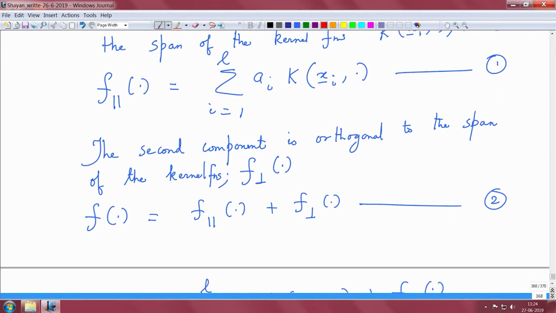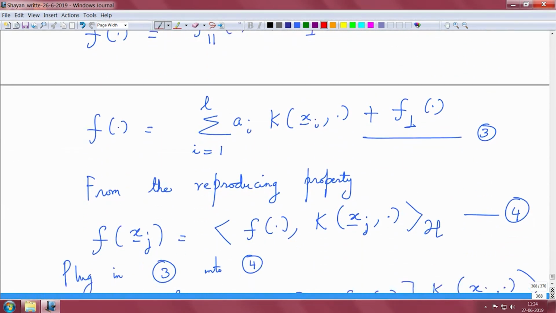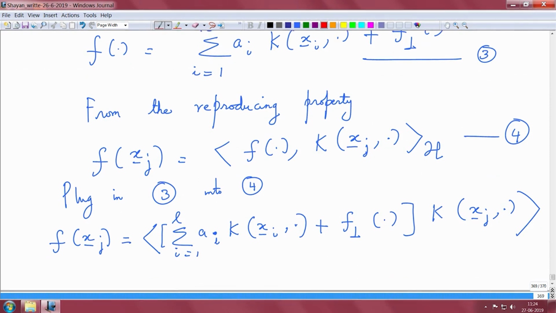So f can be written as f parallel plus f perpendicular. Now I invoke the reproducing property: f acting on some data point can be obtained as f acting on some other data point with the kernel between a different data point and this point xj, and that is the reproducing property of the kernel.